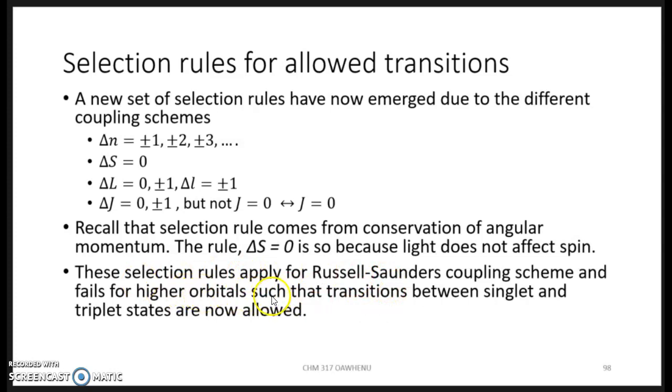In such cases, in atoms with higher atomic number, transitions between singlet and triplet states are allowed. Remember, from JJ coupling, so those transitions are allowed. So it breaks this rule. And remember, if a rule is broken, the transition is usually not intense. Doesn't mean it doesn't happen, but it's not intense.